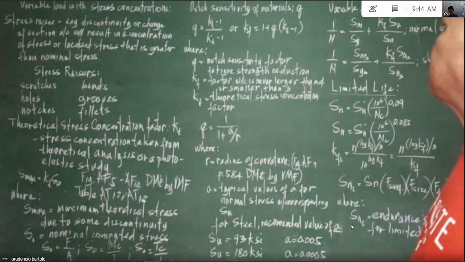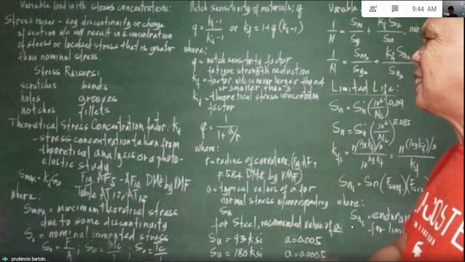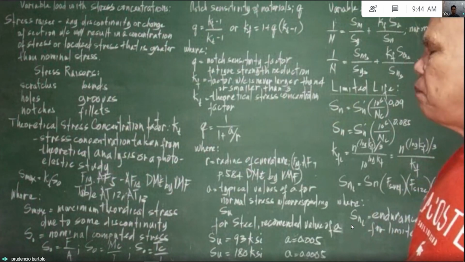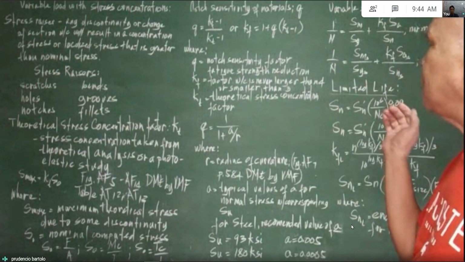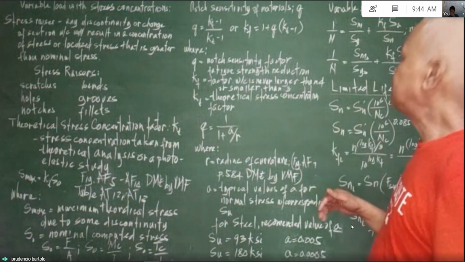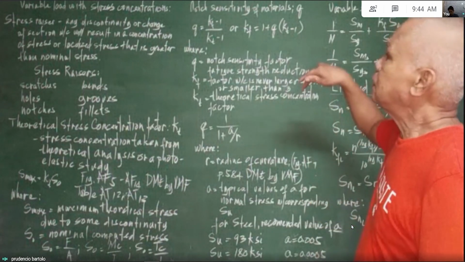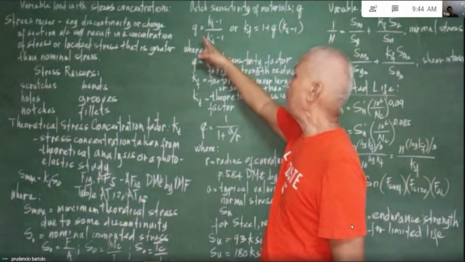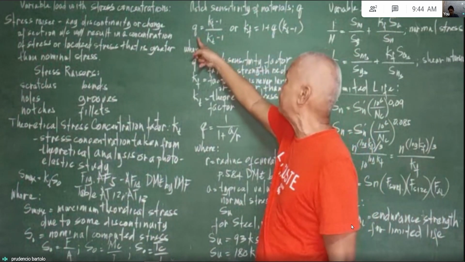torsional stresses. Now there is also a factor that will be used for considering the endurance strength for variable loads with stress concentration, which is referred to as q.